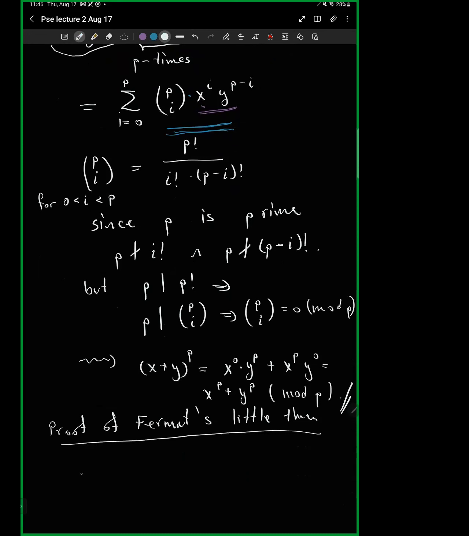Remember, I want to prove that a to the p minus 1 is equal to 1 mod p, for any a in the set 1 up to p minus 1.